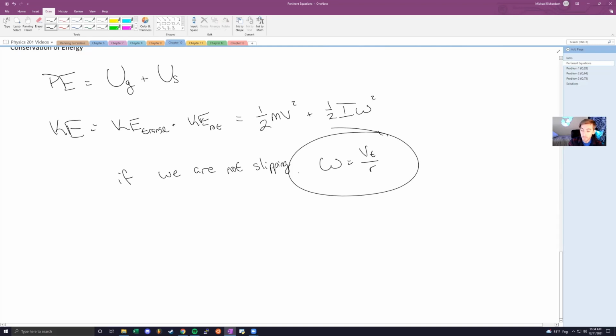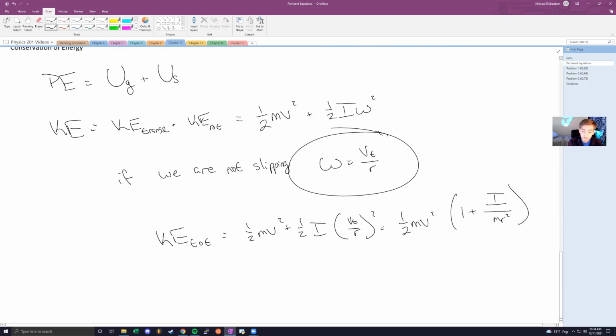But how we would put that into practice is that we say that our rotational kinetic energy, or rather our total kinetic energy, is going to be equal to 1/2 mv squared plus 1/2 I, and then make this substitution, and we get something like 1/2 mv squared times 1 plus I over mr squared.